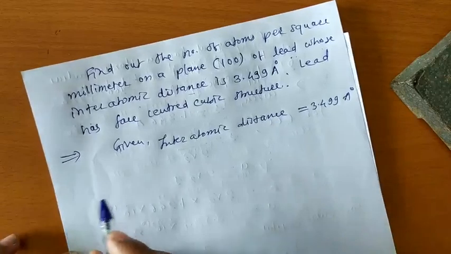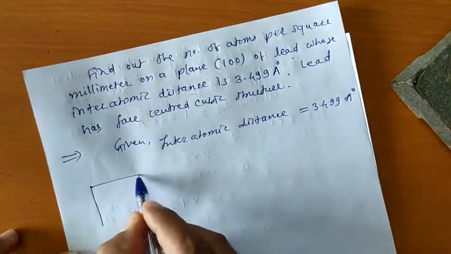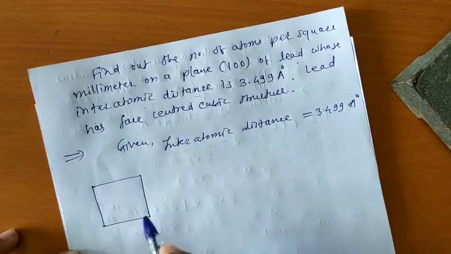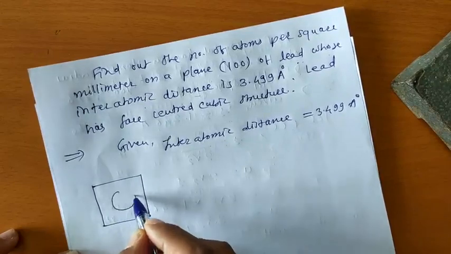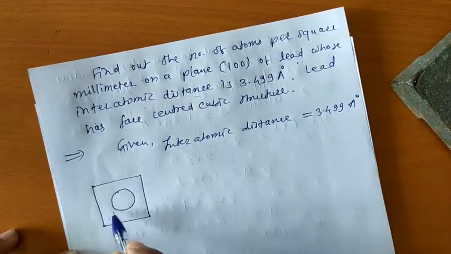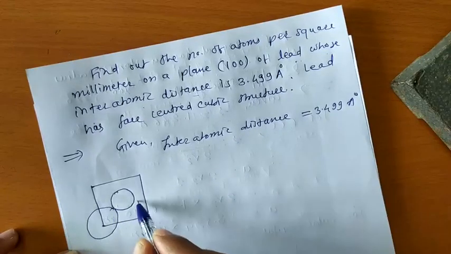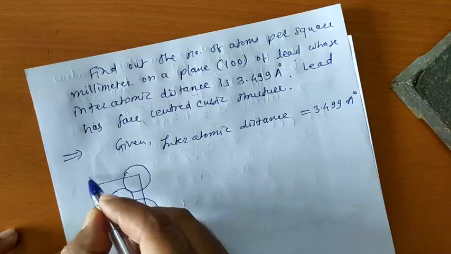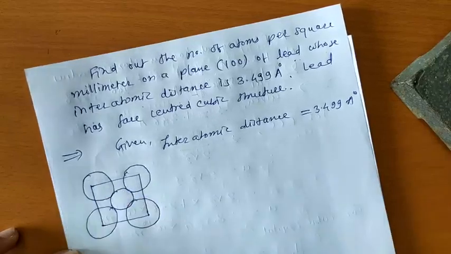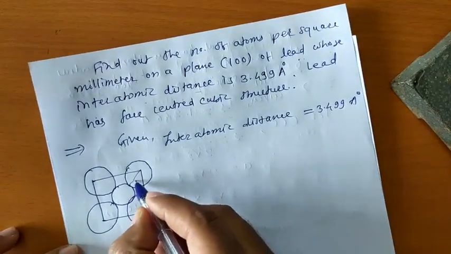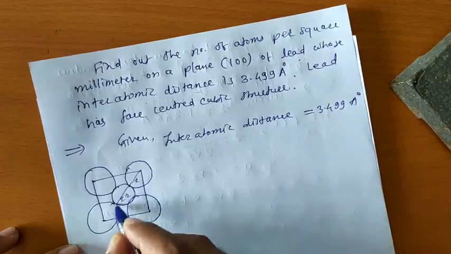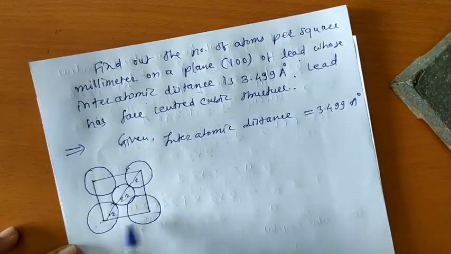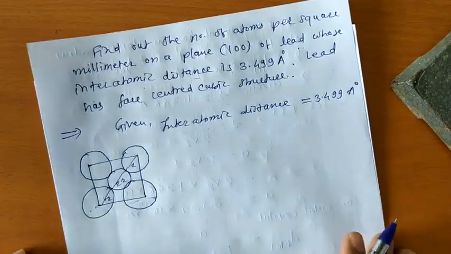Now we know that in FCC crystal, suppose this is the face of the FCC crystal, which has the central atom and which has corner atoms which touch the central atom along the diagonal only, like this. R is the radius, and these atoms do not touch each other along the edges.